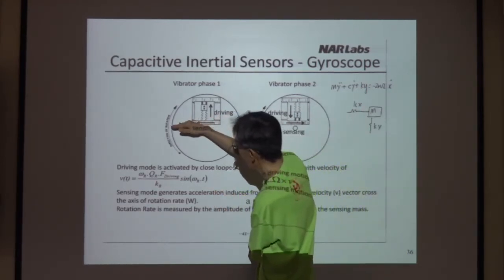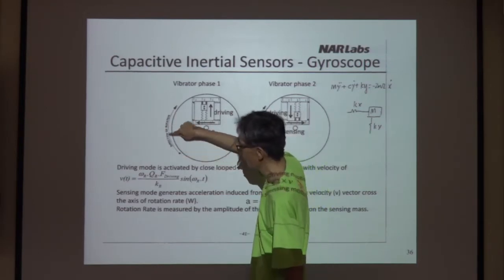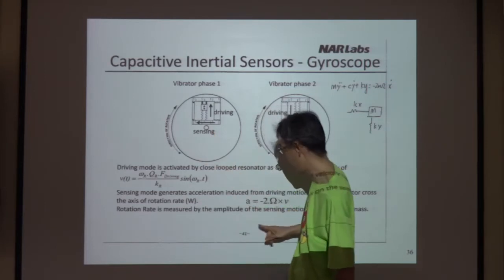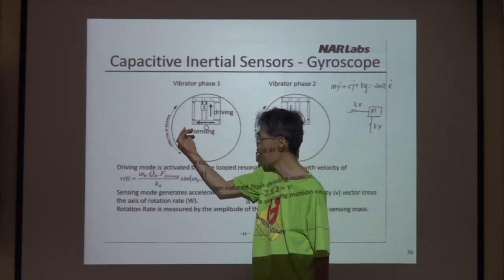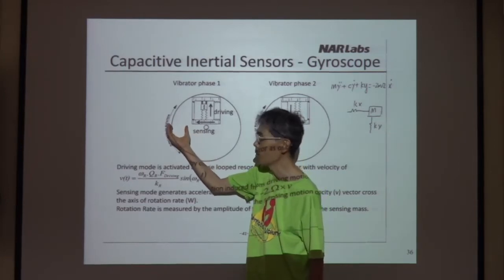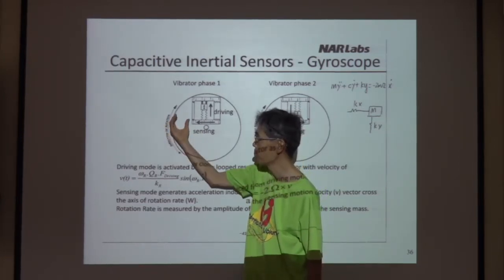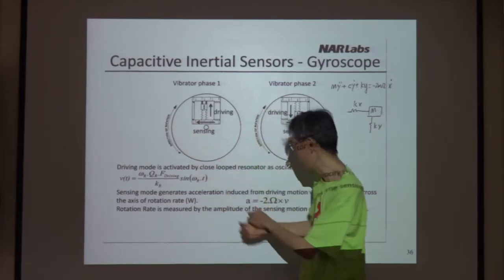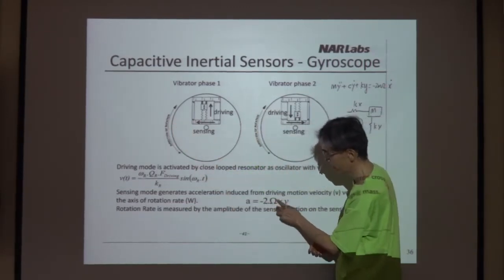Now the vibration V direction goes this way, but the same direction of rotation. So now the angular velocity omega has the same direction. The four fingers are the rotation direction, and the thumb is the direction of omega.